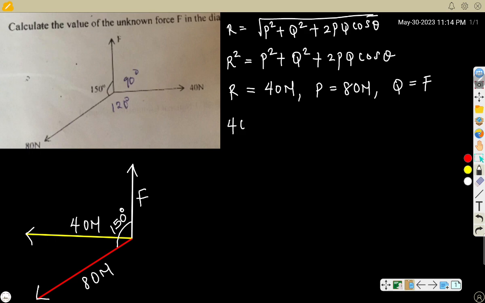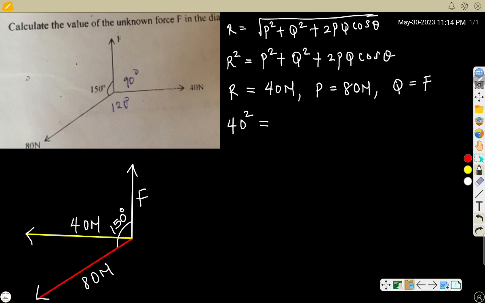So this will be 40 square is equal to the square root of p square, no square root again, sorry. We are using this now: we've squared both sides so that this will cancel out that root.